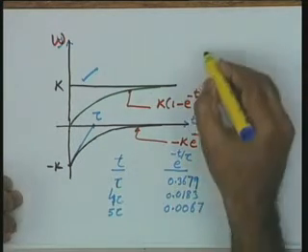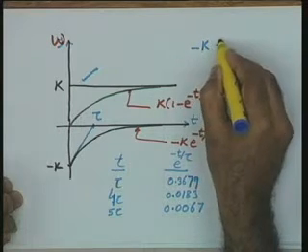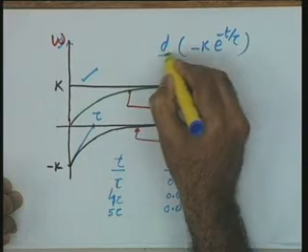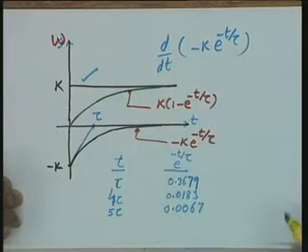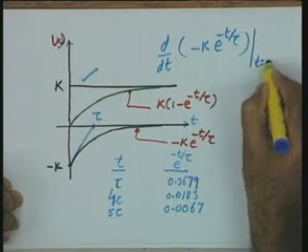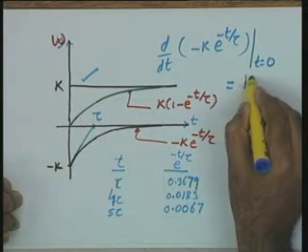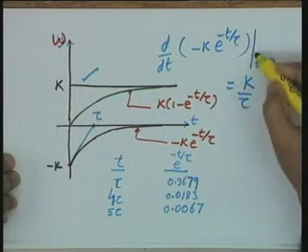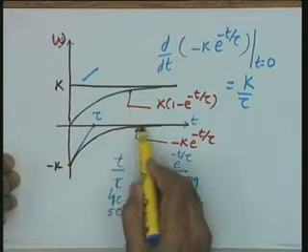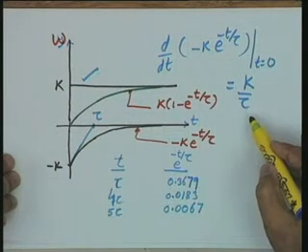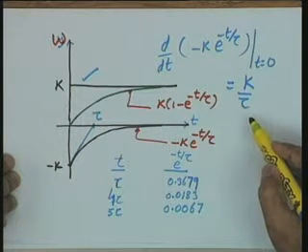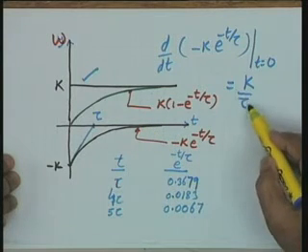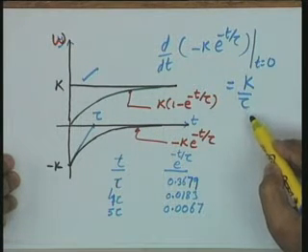This particular transient term minus k e to the power of minus t by tau, if I take the derivative of this at t is equal to 0, you can easily ascertain, please see that this is k by tau. So, it means this is the slope of this particular transient term at t is equal to 0, initial slope. So, this particular term starts decaying with an initial slope of k by tau.